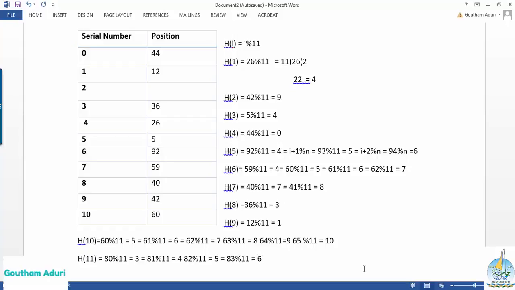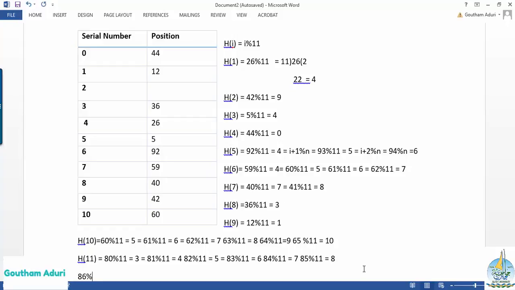Now increment it by 4. 84 mod 11, it's going to be 3 plus 4 7, it's also a collision, and then 85 mod 11, so it's going to be 11 777, 3 plus 5 8, and then now 8 is also there.